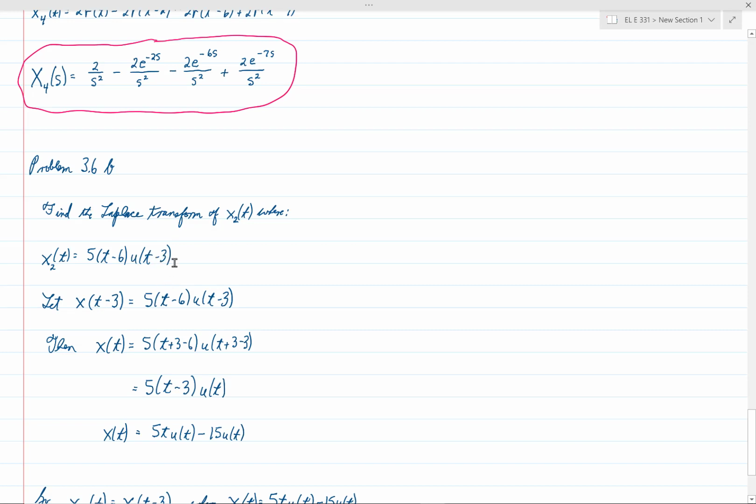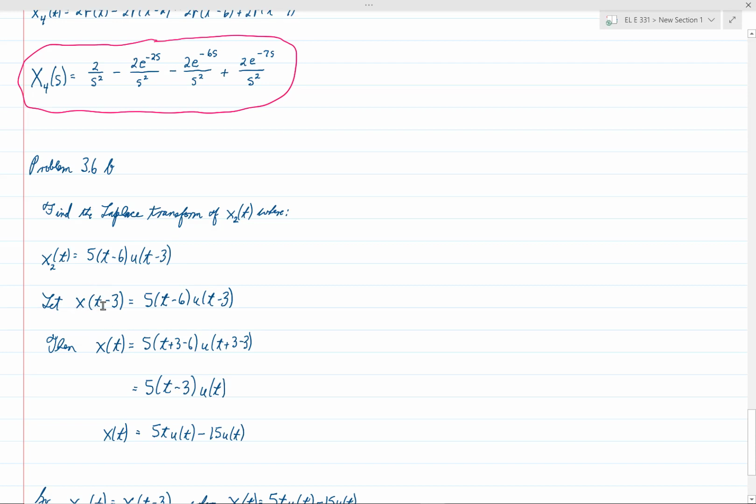Why do I want to do that? Because if you look in the tables, many of the functions in the two tables, 3-1 and 3-2, are multiplied by u of t. So if I can shift this by 3 units, there will be a pretty good chance that I can find something like it in the table.